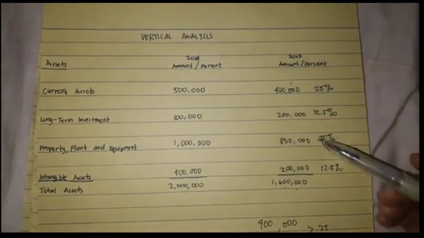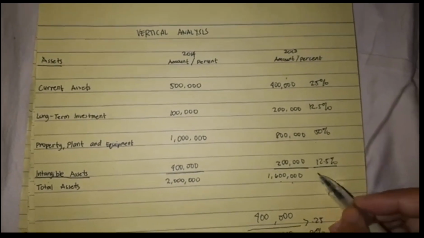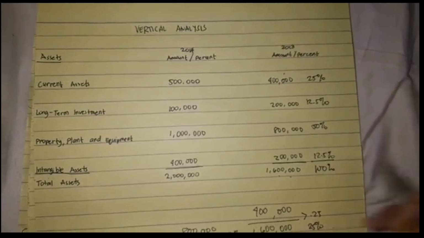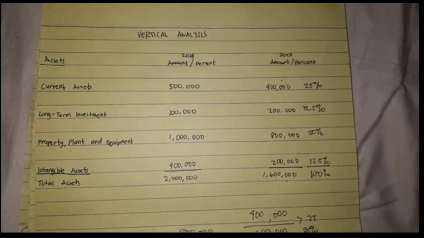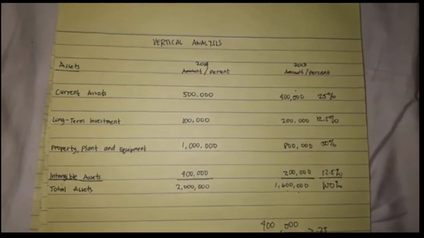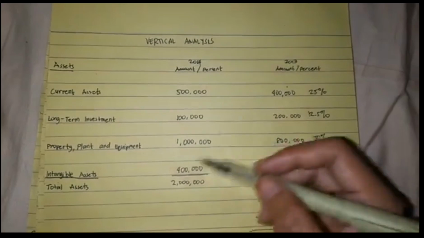Adding all this together, I should come up with 100%. And so now I figure out each of these. Here I'm going to do 2014. Then we'll take a look at the numbers and analyze those.